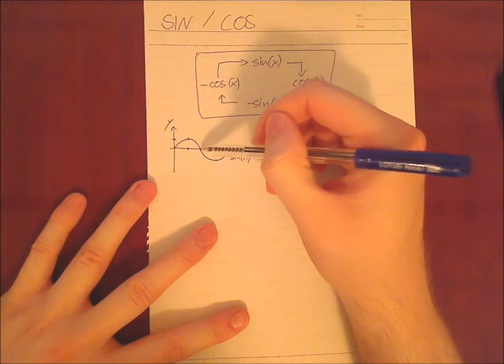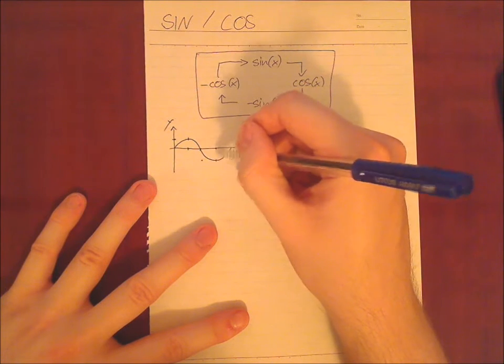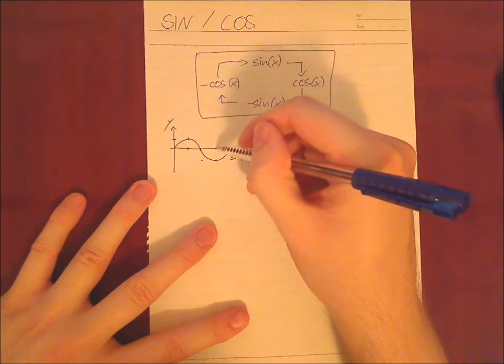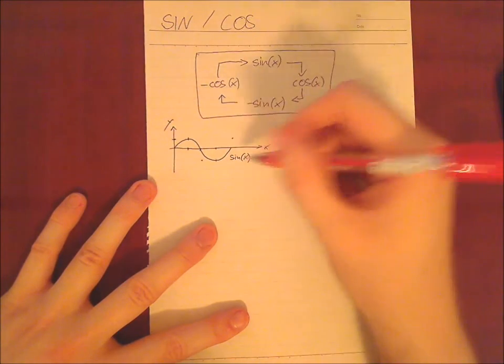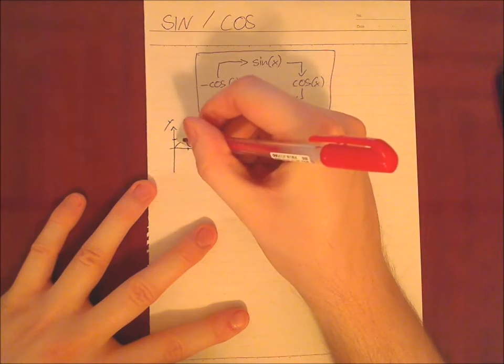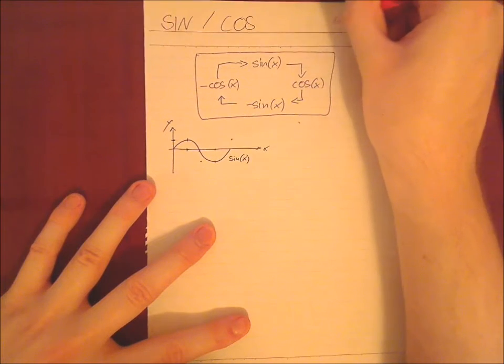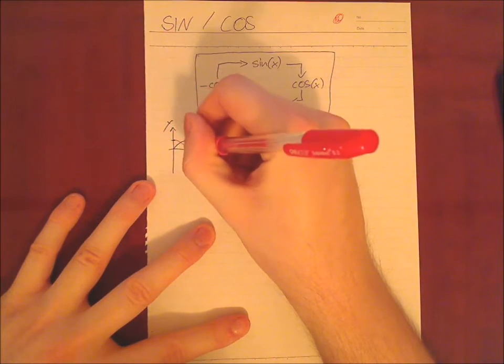Then we know the slope is maximum negative here, goes through here. Then what else do we know? Then 0 again, so something like this, 0 again, and here maximum positive again. So we know the derivative of sine absolutely has to look like this.